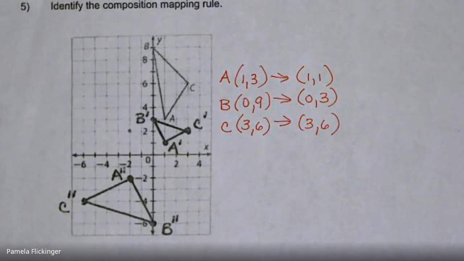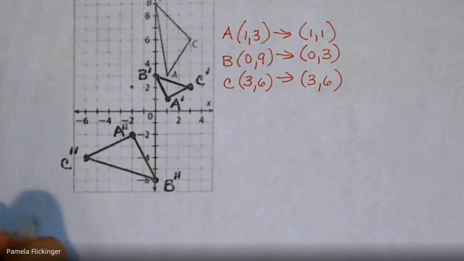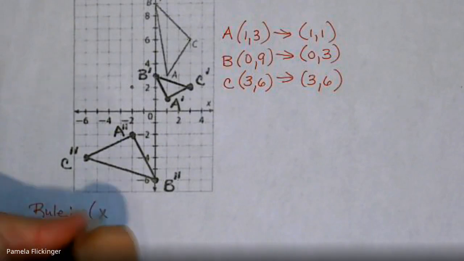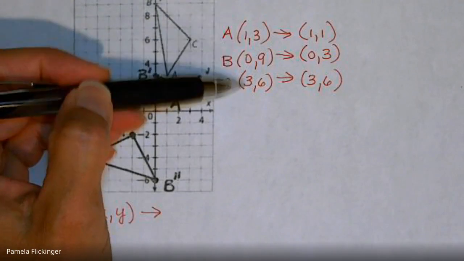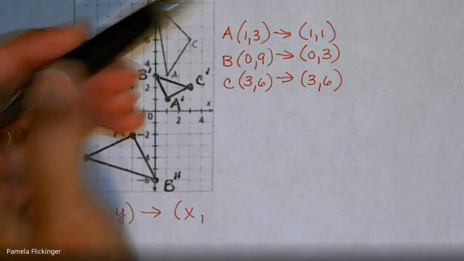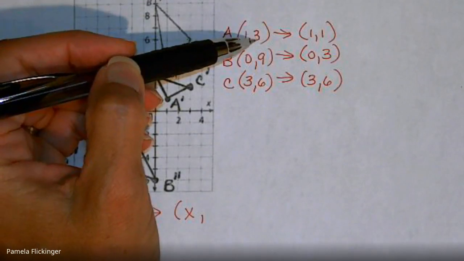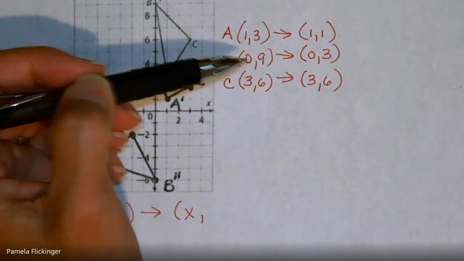All right, so when we're trying to identify the rule, slide this up a little bit. We started with our normal xy. And again, it looks like the x's did not change, so x stayed x. But what happened to the y is we divided by 3. Looks like 9 divided by 3, 6.